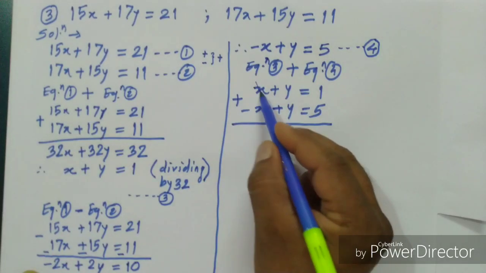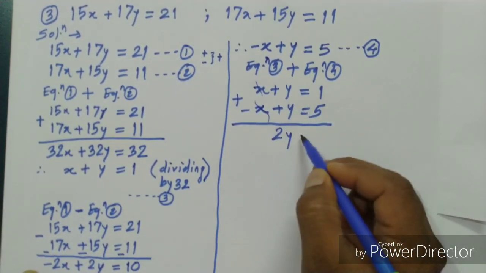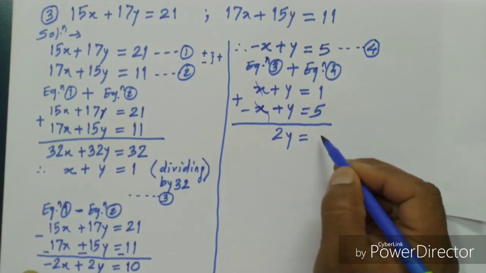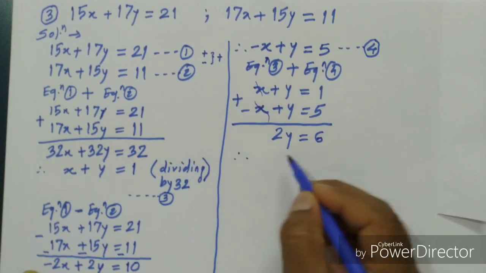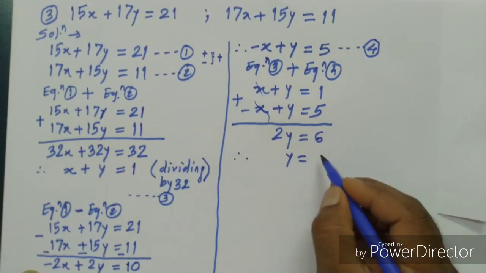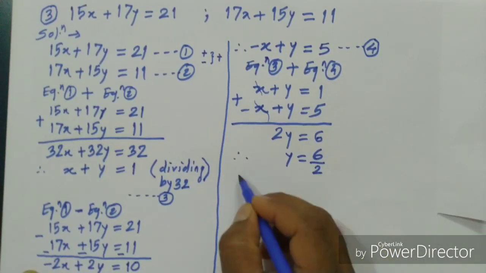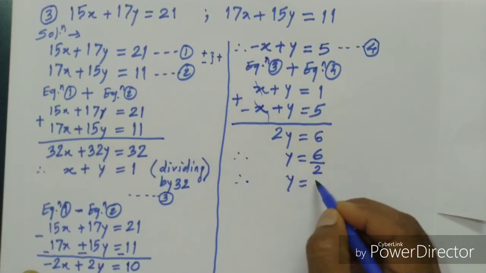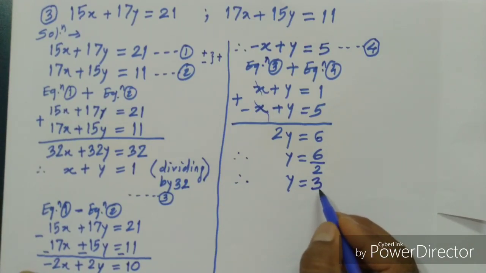Plus x and minus x cancel, y plus y is 2y, is equal to 5 plus 1, 6. Therefore 2y is equal to 6. To multiply, here we divide, therefore y is equal to 3, since 2 threes are 6.